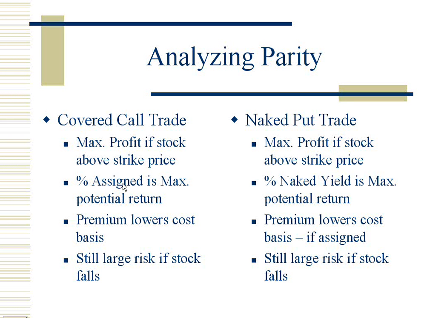When I sell a naked put against a stock, which I don't own shares of stock, the premium lowers the cost basis if I'm assigned. I'm only assigned on the naked put trade if the stock falls, goes the opposite direction, and is trading below the put strike at expiration. Both positions still have a very large risk if the stock falls in price. Okay, we're still obligated to have the full amount, the full monetary requirement at risk.